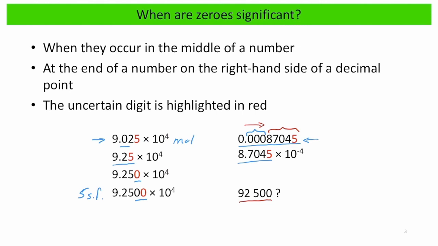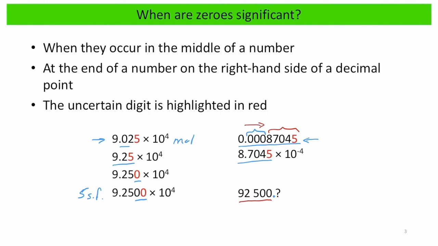Now the way it's written there, it's ambiguous. We don't know if those last 2 zeros are significant or not. Okay, there's 2 ways to show that those last 2 zeros are significant. First way would be to put a decimal point right at the end of the 0.